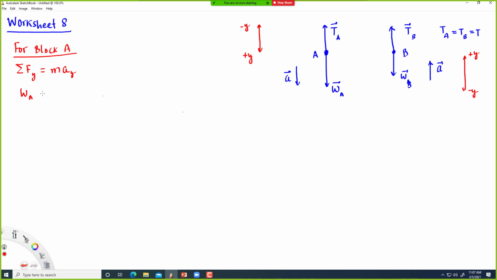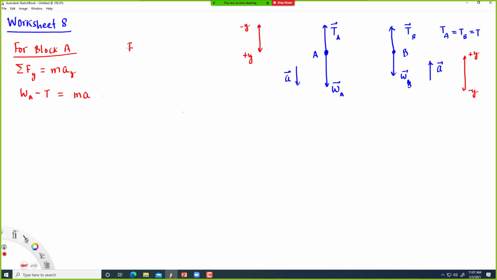And then TA, or you can just call it T. T is up, and for block A we are considering up to be negative, so negative T is equal to m, acceleration is down, and down is positive, so let's write A. So that's for block A.